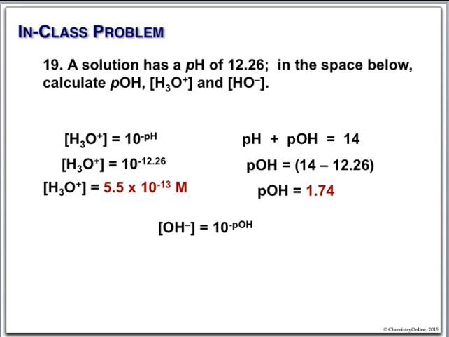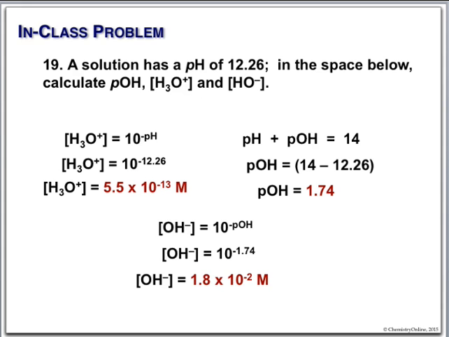We substitute for the pOH that we just calculated, 1.74. Take our calculator, we type in minus 1.74, hit 10 to the x, and you should get 1.8 times 10 to the minus 2. Any questions?